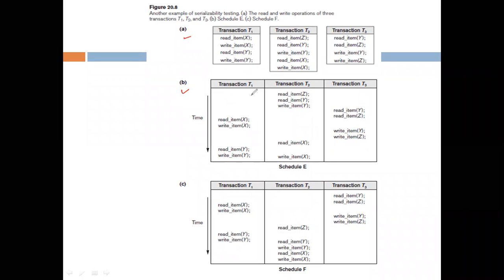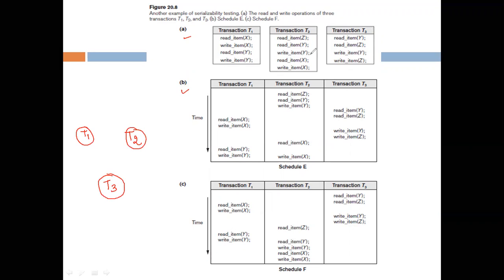So let us consider A only. Here three transactions are there, so we can draw three nodes. For T1, one node, T2 another one, and let us draw one more here for T3.